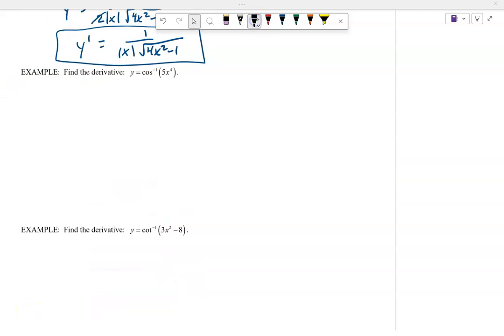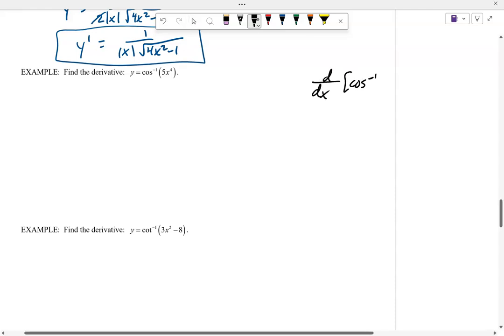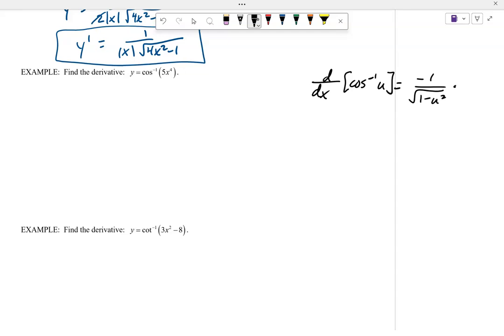So this next one we got the arc cosine. I'm using the rule that the derivative of the arc cosine of u is -1 over the square root of 1 minus u squared times chain rule. That just reminds me that I got the chain rule, right? And so my u, of course, is 5x to the 4th.